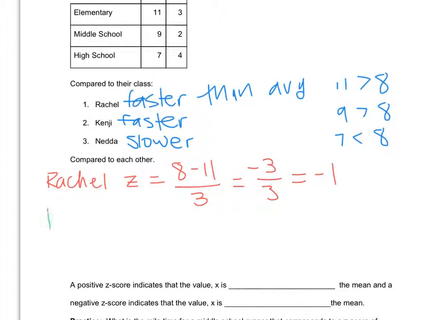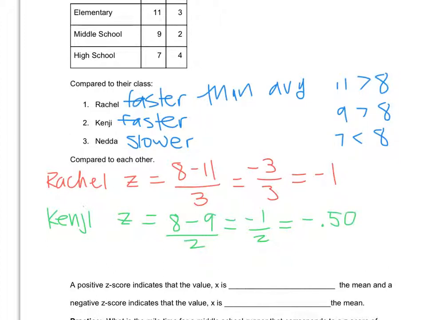If we look at Kenji, his z-score is: we take his time of 8 minus the mean of 9, divided by the standard deviation of 2, and we get negative 1 over 2, so negative 0.5. I'm going to go back up here and make that z-score rounded to 2 decimal places.